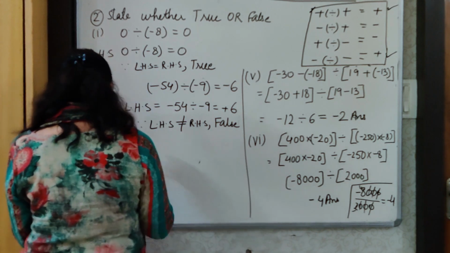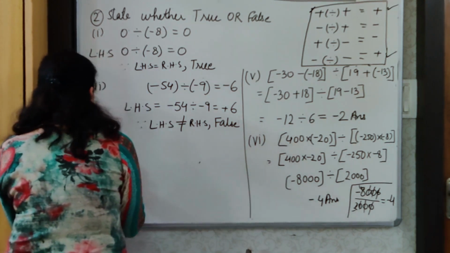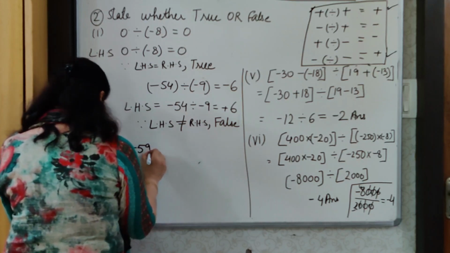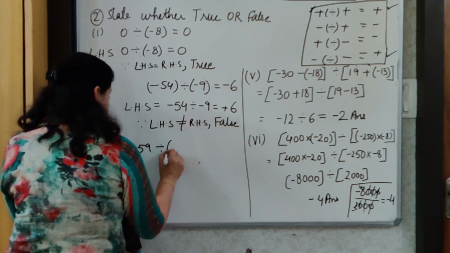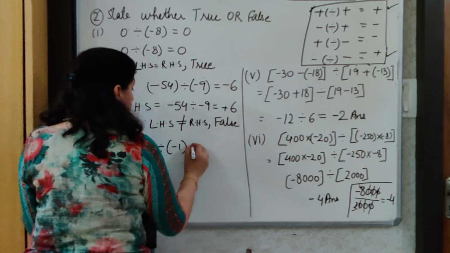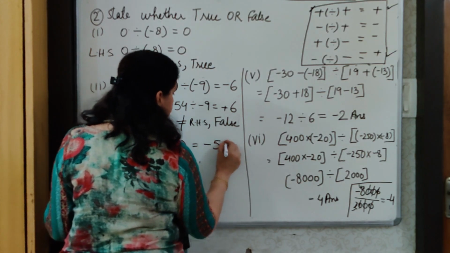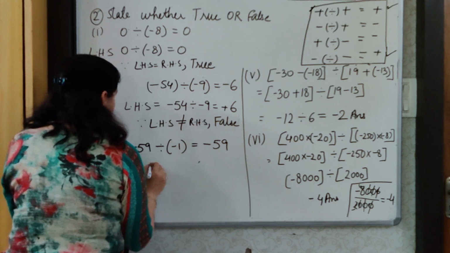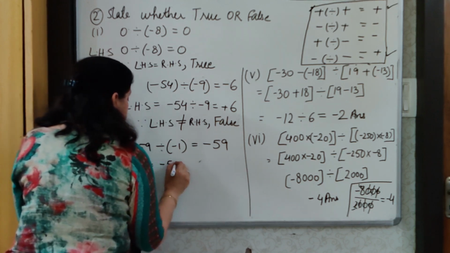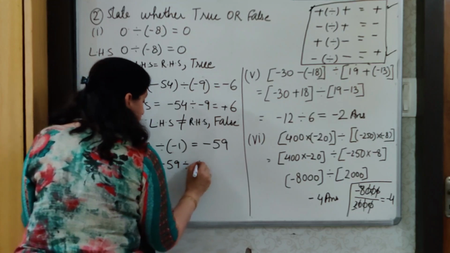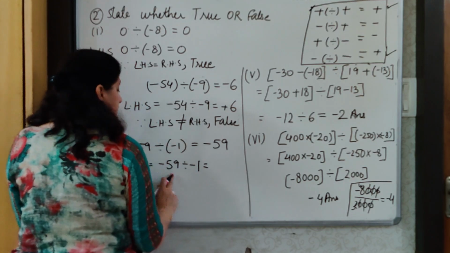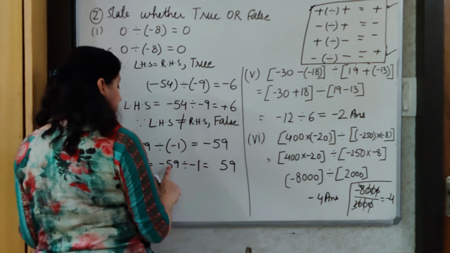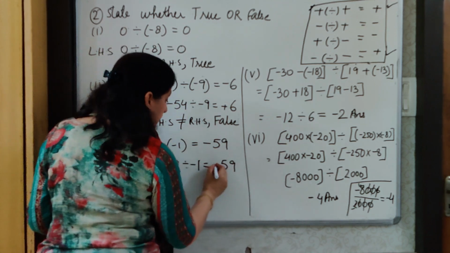Then, one more in the same line. The question given is minus 59 divided by minus 1 is equal to minus 59. Again we will solve the LHS, which gives me minus 59 divided by minus 1. 59 divided by 1 is 59 and minus divided by minus is plus.